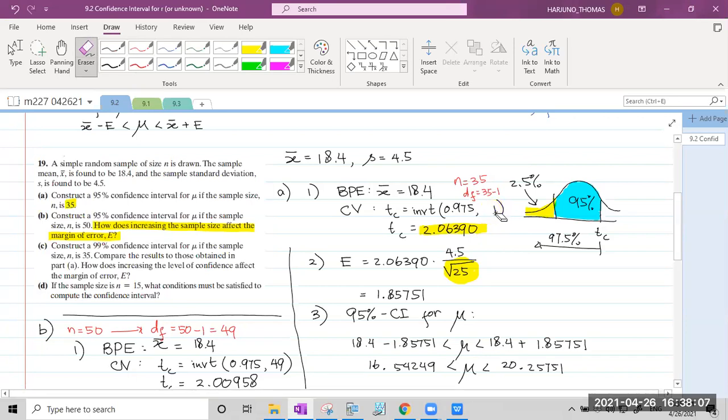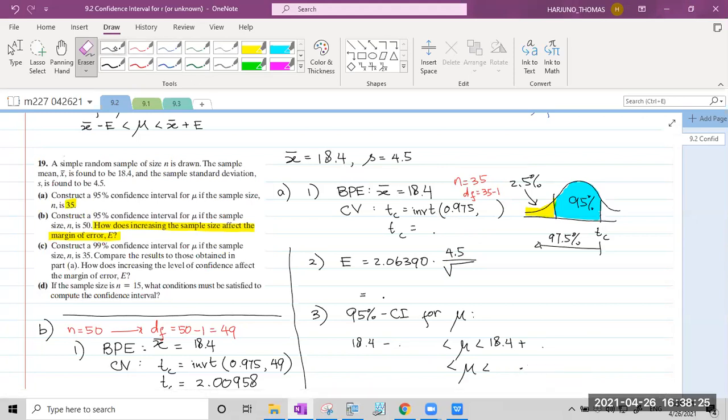I need to change this to 34, and this will change later on too. Oh, good thing I saw that. Okay, so this is 34.